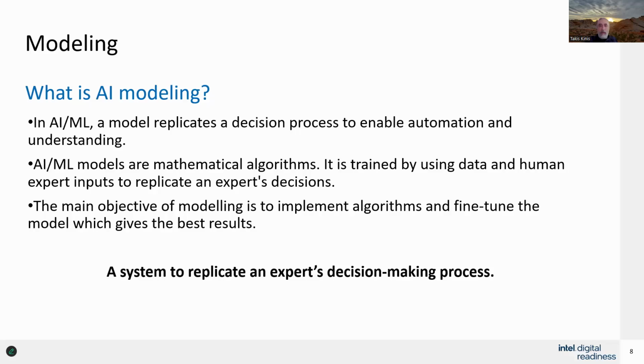So that's what an algorithm is. It's trained using data and human expert inputs to replicate an expert's decision so that we don't have to decide every step of the way. We want it to be automated. The main objective is to implement algorithms and fine-tune the model, which gives the best results. So what is it? A system to replicate an expert's decision-making process.